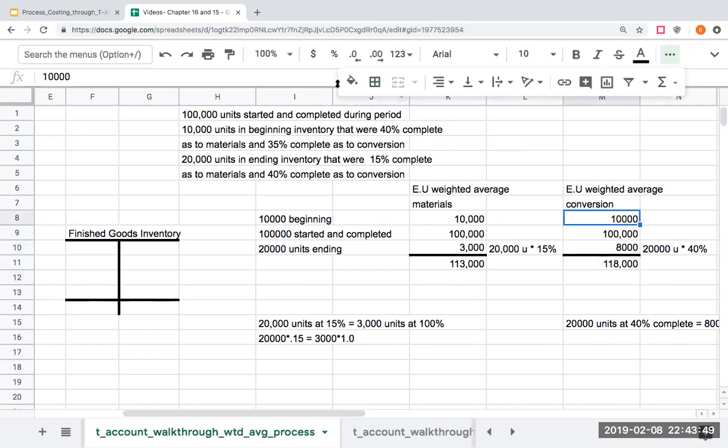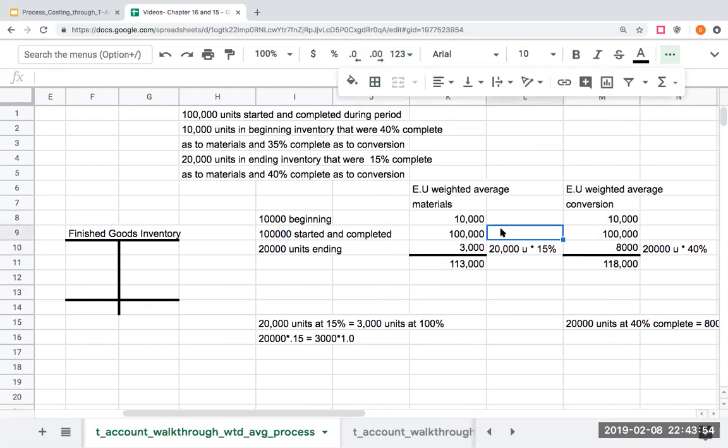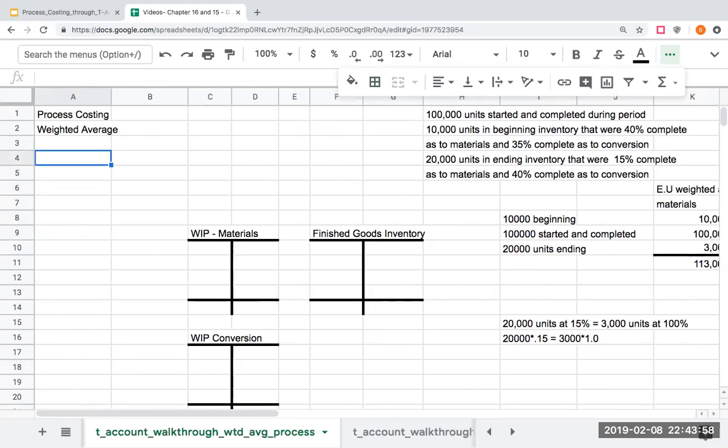Now, the next thing I'm going to go through and do, and this is usually what the problem gives you, over here, we'll just make this into a big problem just for fun. So the problem would tell me that my beginning materials was, say, I don't know, 60,000.